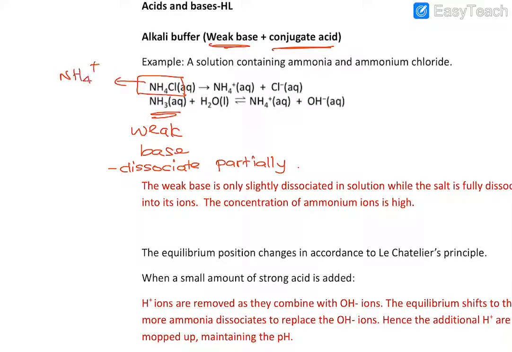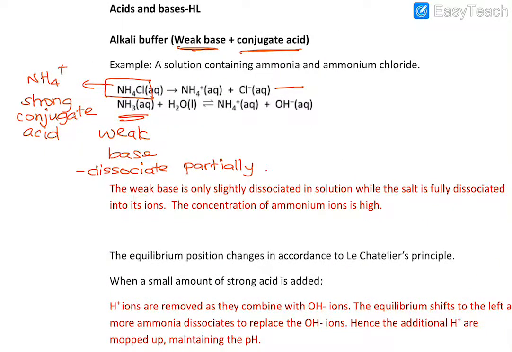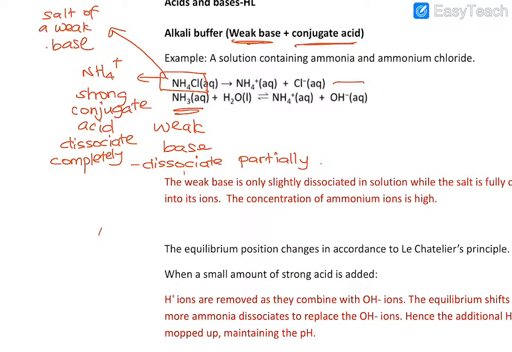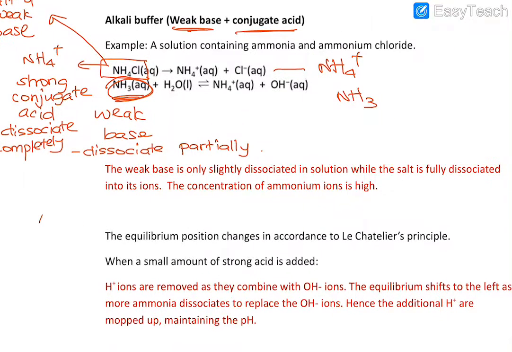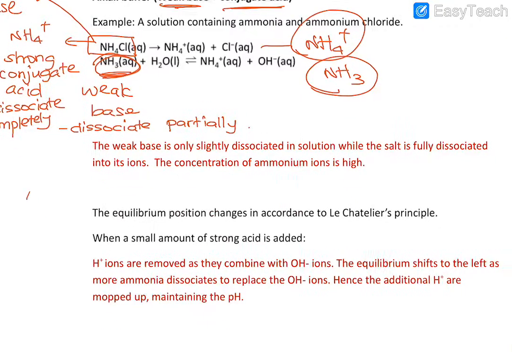NH4 plus here is the conjugate acid, and it dissociates completely. So the salt of the weak base produces a lot of NH4 plus, and the weak base dissociates partially, so you'll have a lot of NH3. In the solution, you have a mixture of a base and its conjugate acid.